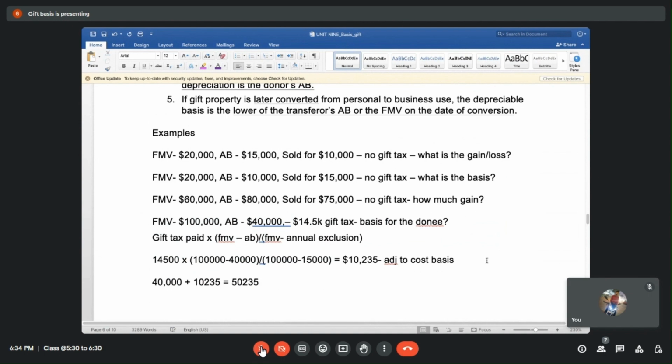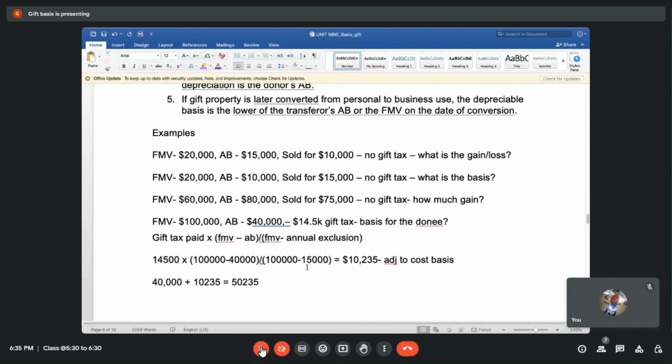If there is no gift tax paid, we'll just take the lesser of these two. But if there is gift tax paid, we cannot take the full gift tax, right? Because when 40,000 is anyways there, we have to see what is the appreciation on that property. Plus, we also need to factor in that anyways $15,000 or $16,000 will go for annual exclusion.